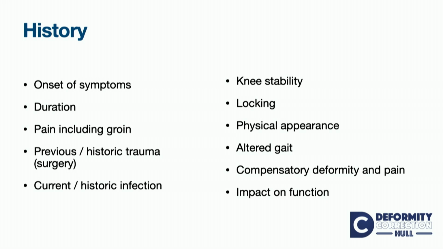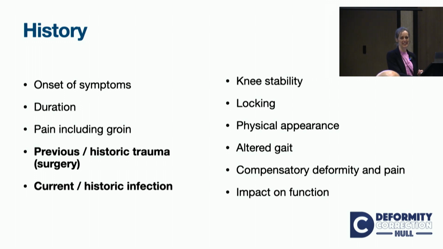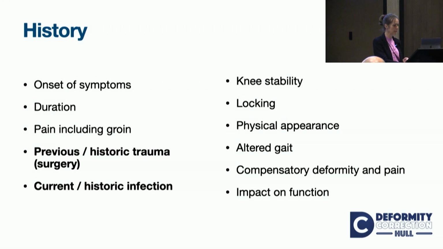So everything that you're asking about history, whether it's a deformity, whether it's possibly a deformity, it's all your usual things. I think if you don't specifically ask any previous history of trauma, including surgery, and any suggestion of current or historic infection, they're the things that patients don't always tell you because they don't think that might be important. So make a point of asking that.